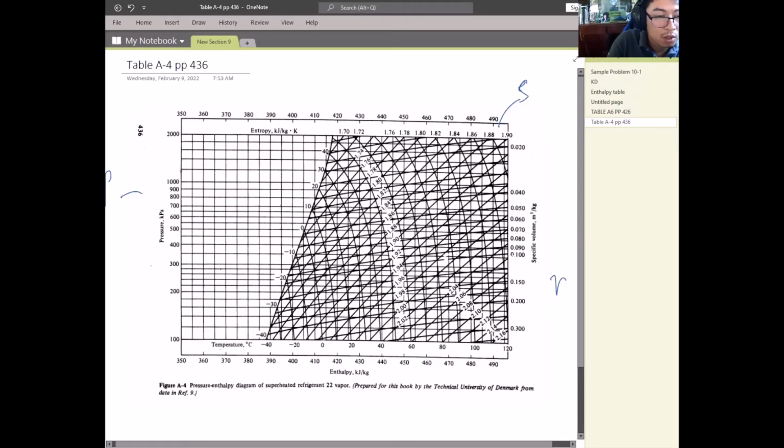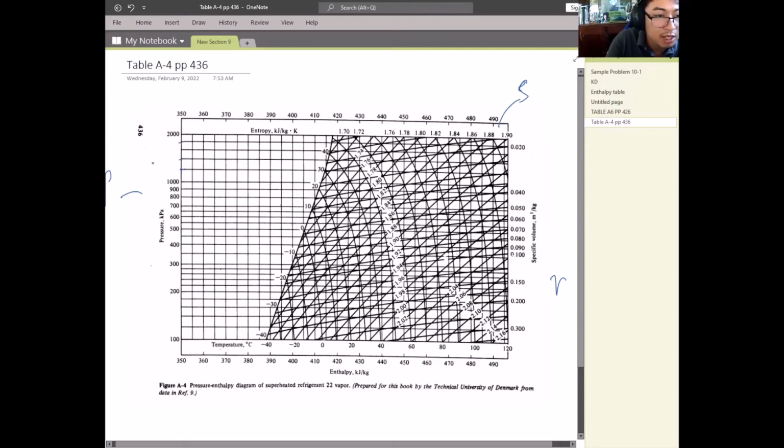Now we will find the 1,354 on this y-axis. This y-axis is the pressure. The 1,000 to 2,000 range is divided by 5 lines: 1,200, 1,400, 1,600, 1,800, and 2,000.